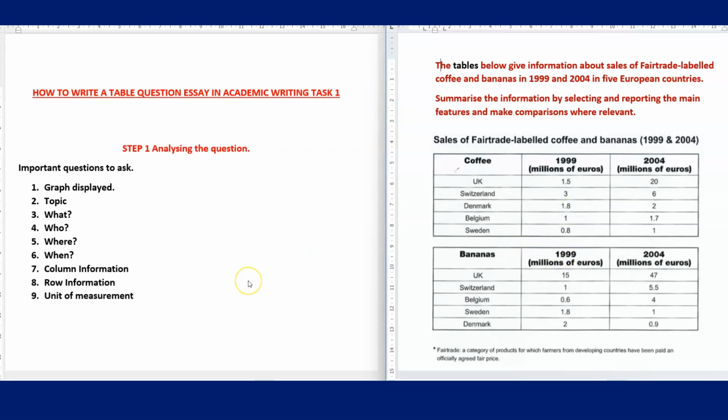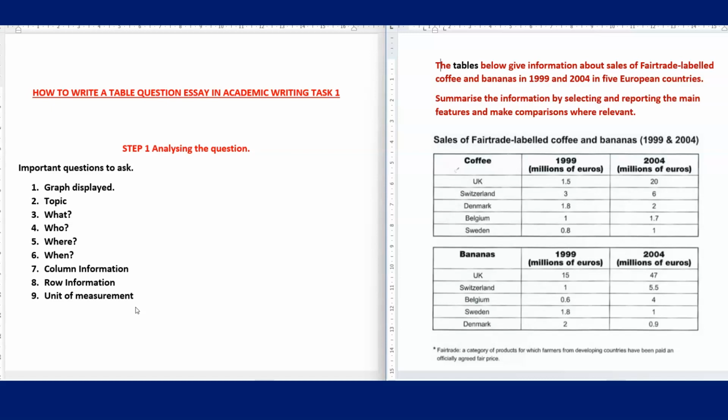All right, now that we have been able to analyze the question, we have understood everything. One thing is that when you fully understand the question, it helps you to write a very good introduction. Okay, because you now have a fair idea, you know what the question is about, and you know the very good vocabulary and grammar you are going to use.